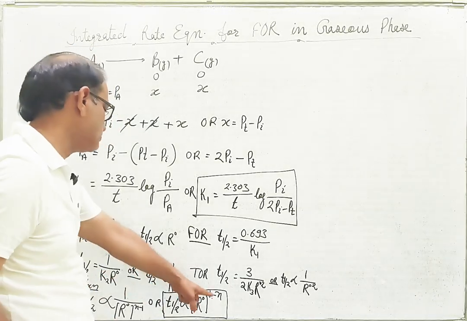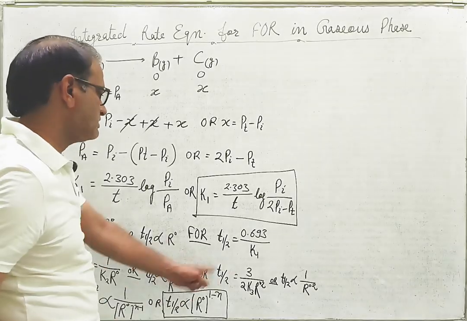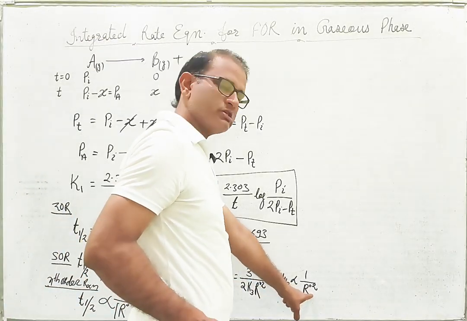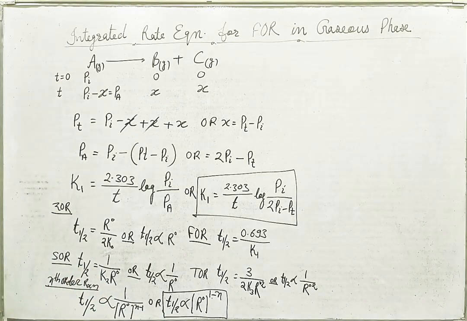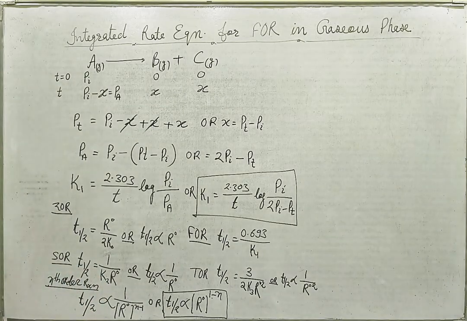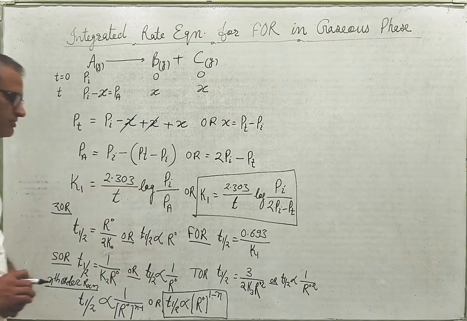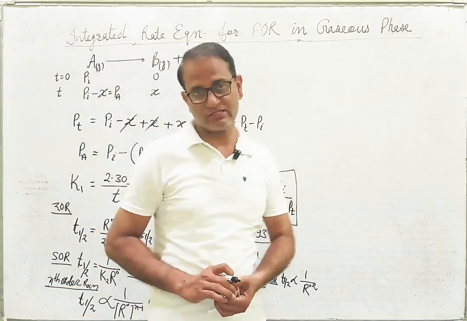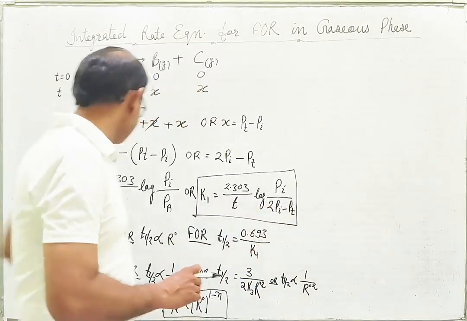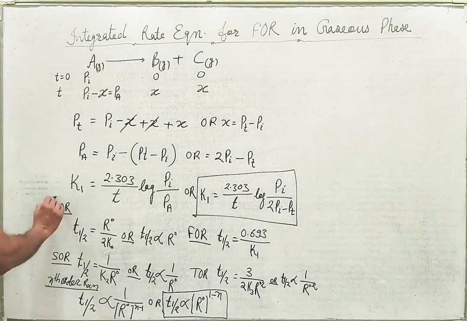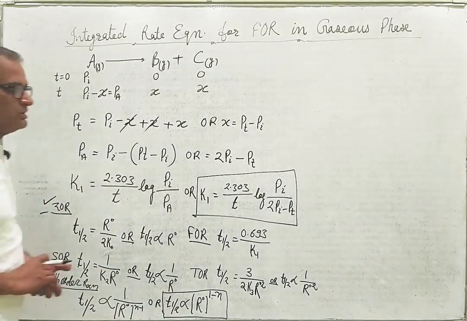If n is equal to 3, then T half is directly proportional to R naught square. So we can calculate T half if we have initial concentration of any order of reaction from this generalization. These are some crazy points we should know.